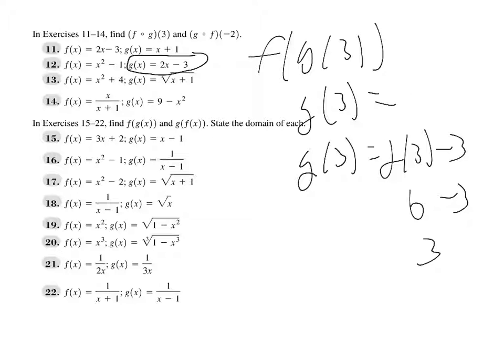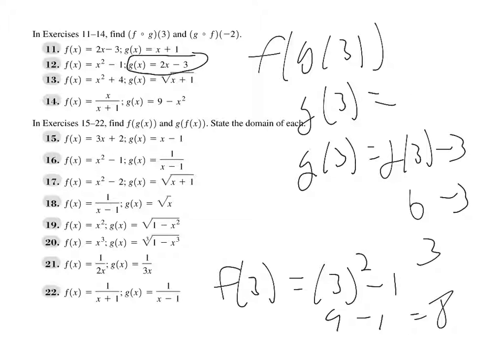Then I can drop that into the f function. f of 3 is 3 squared minus 1, which is 9 minus 1, which is 8, which is what I just got doing it the other way. To me, this way looks a lot easier than finding the function. But sometimes you need the function, and you have to do it that way. So hopefully that'll help you find the rest of these.